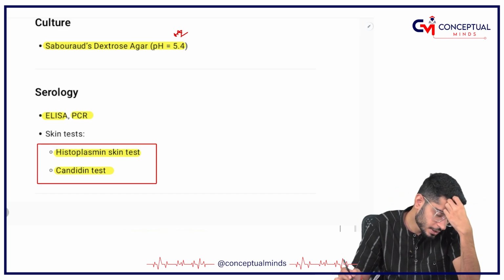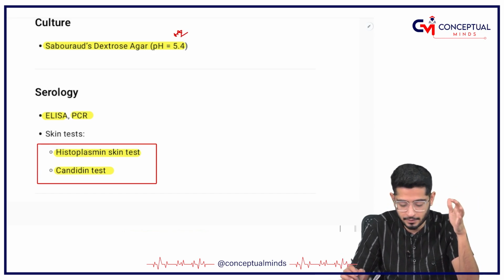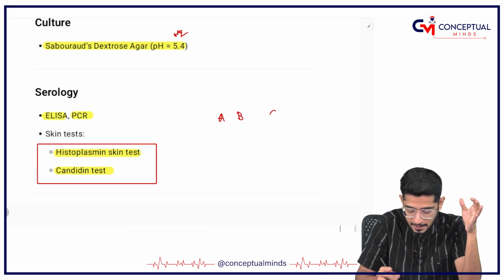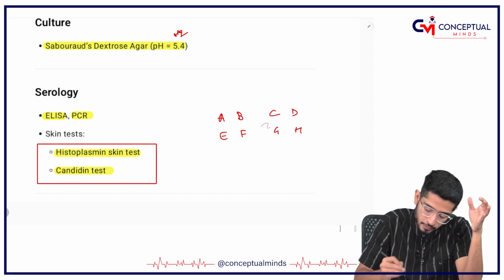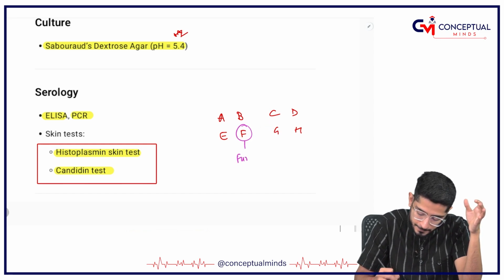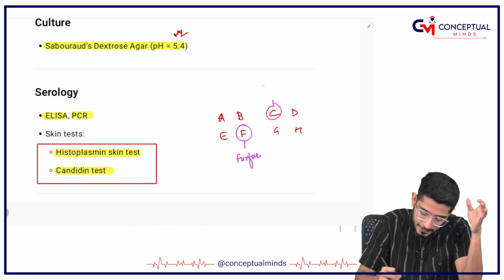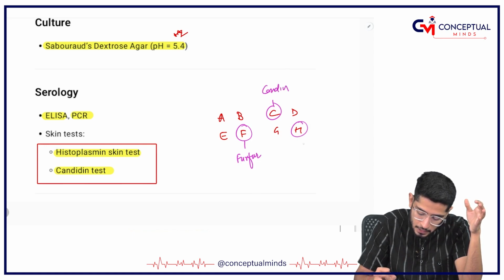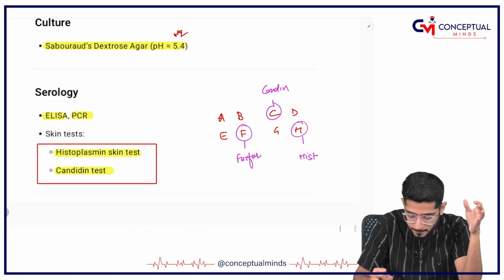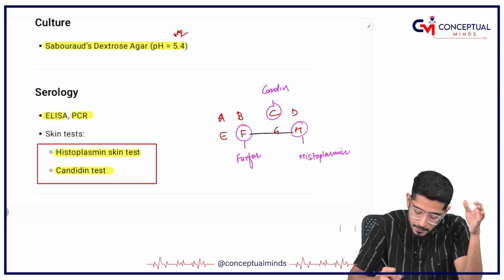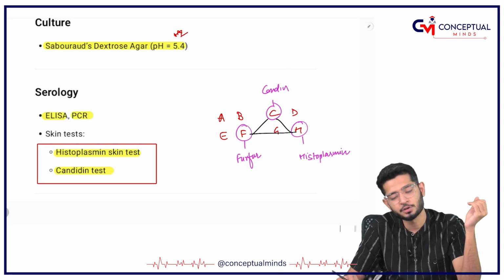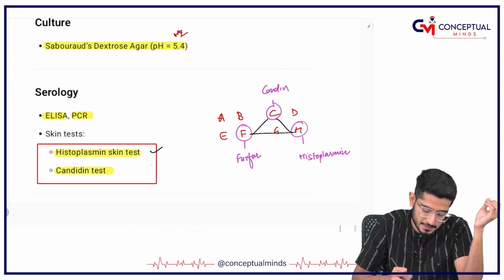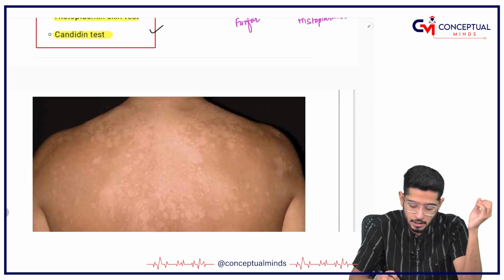Okay, you got it? So Malassezia furfur. I used to write like this: A, B, C, D, E, F, G, H. F for furfur, C for Candin, H for histoplasma or histoplasmin. So this becomes a triangle. This is how you can remember that histoplasmin skin test and Candin test we do for furfur.